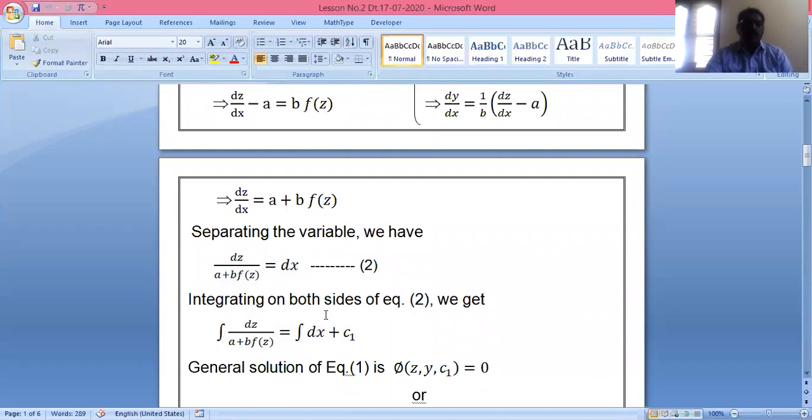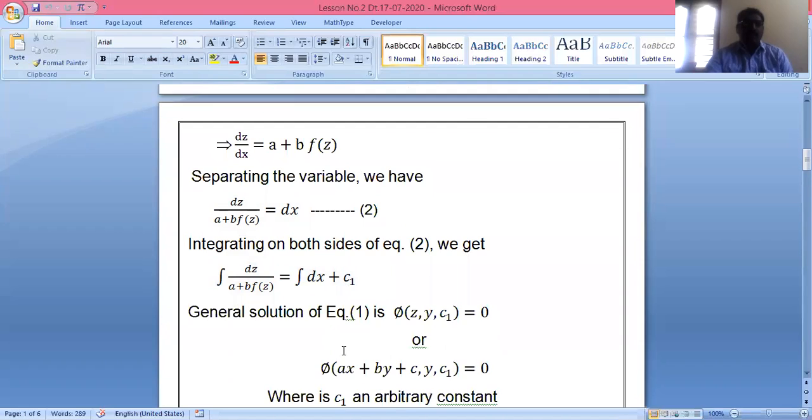Integrating on both sides of equation 2, we get integration of dz by a plus b f of z is equal to integration of dx plus c1, where c1 is a constant of integration.